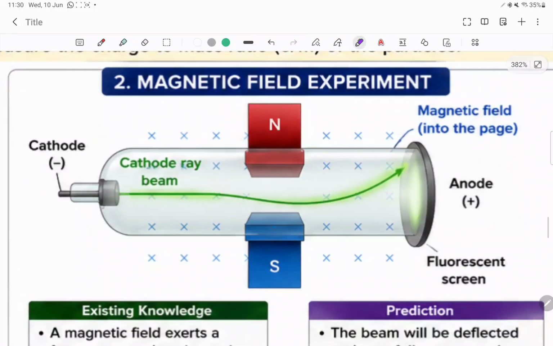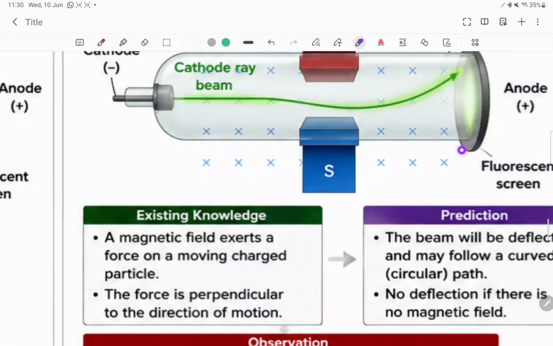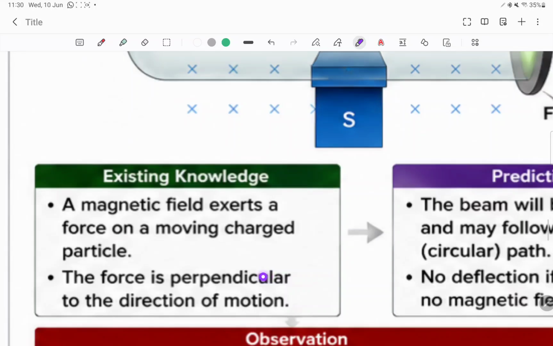So, the magnetic field experiment. Now here we apply a magnetic field perpendicular to the direction of the cathode rays. According to existing knowledge, a magnetic field exerts a force on moving charged particles, and the force is perpendicular to the direction of motion.